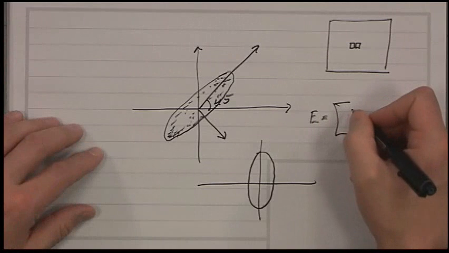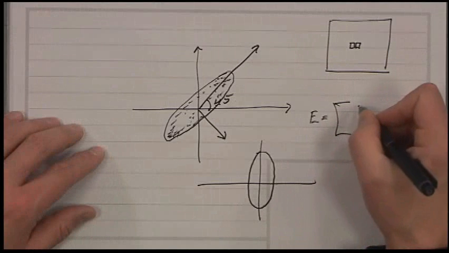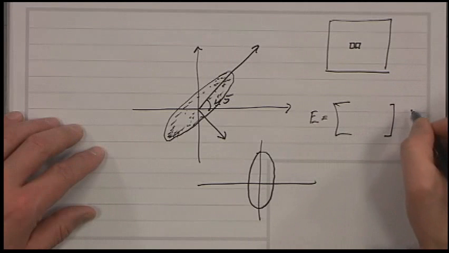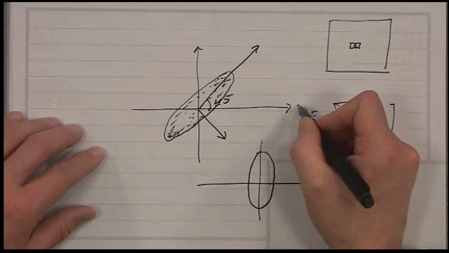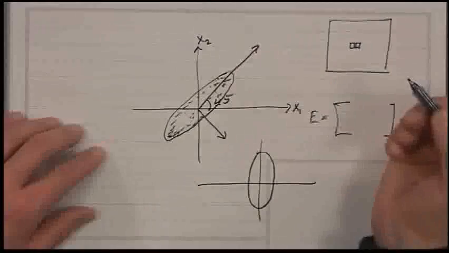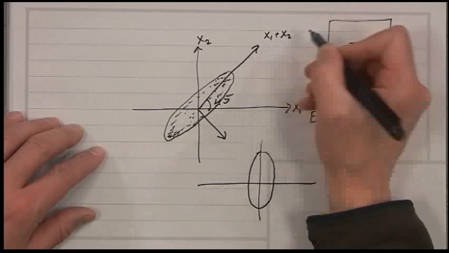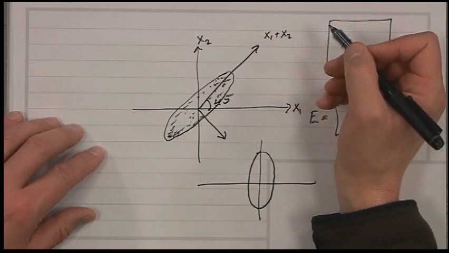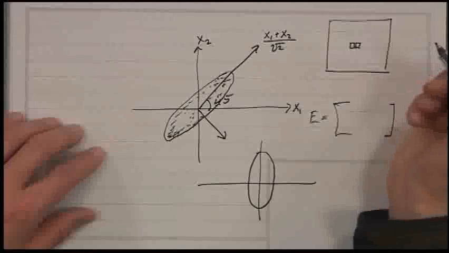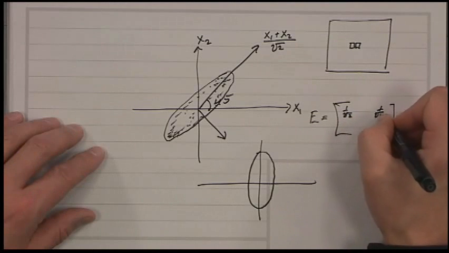So this is pixel x1, and this is x2. So this axis will have to be x1 plus x2, but that would be unnormalized, so you have to normalize it, so you divide by the square root of 2. So this will be 1 over the square root of 2, 1 over the square root of 2.